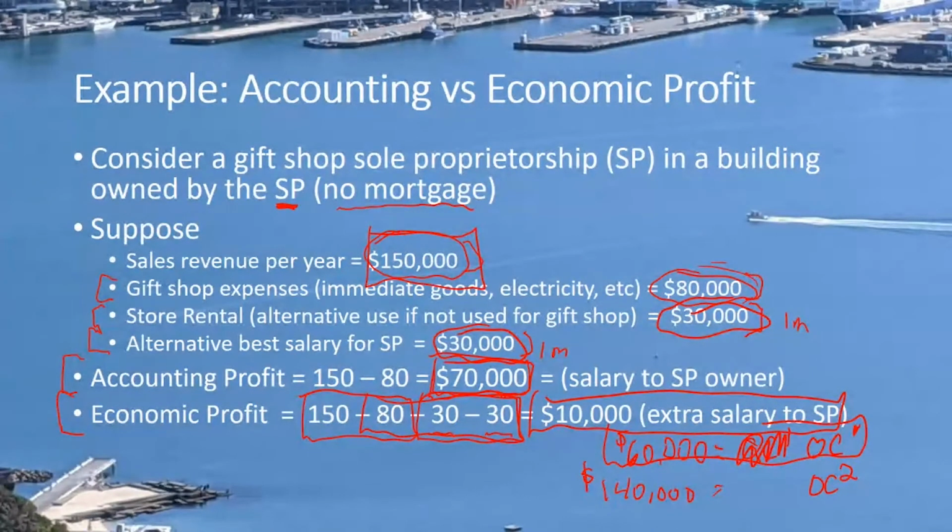Now, let me highlight then what we're imagining here. The reason we think economic profit is important is because economic profit involves not just how much you're making in your current profession or your current occupation, your running of this gift shop, but it's also taking into account what you could have been doing instead.